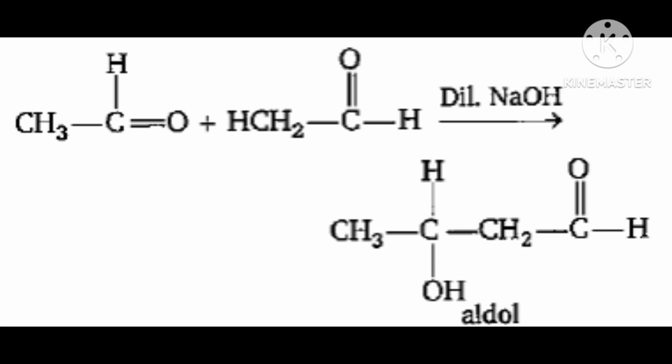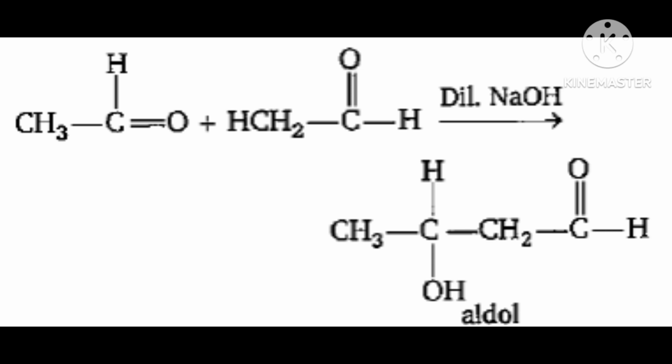This is a very, very important reaction, and by name only it is clear that this is a reaction between aldehyde and alcohol. The product you get when both react will be called aldol.